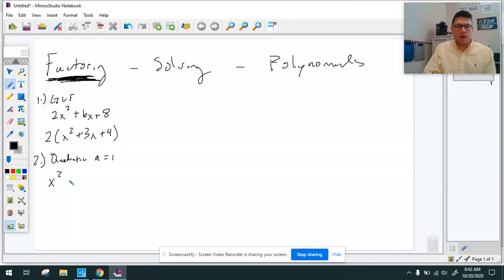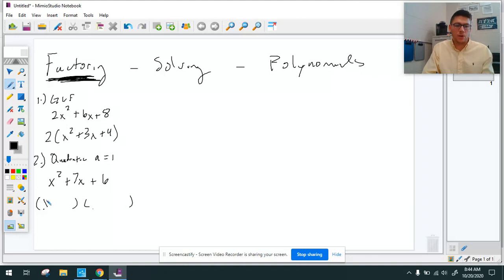So here's an example. x squared plus, let's go 7x plus 6, okay? Notice the a value is 1. There's 3 terms here. When we factor this one, we go right away to the 2 sets of parentheses, and we try to find our combination of numbers that works here. If we were to multiply this all out, remember these 2 first values here and here give us that x squared.